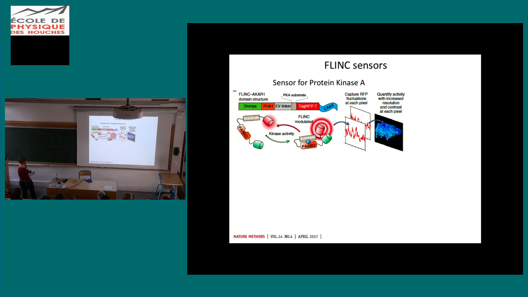And they used the PKA sensor scaffold. So this is a sensor for protein kinase A. They took off the regular boring CFP, YFP fluorescent proteins, put on Dronpa and TagT, and now you have a sensor where the readout is a change in optical fluctuations of the TagT.